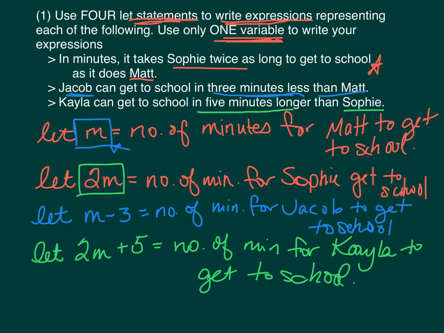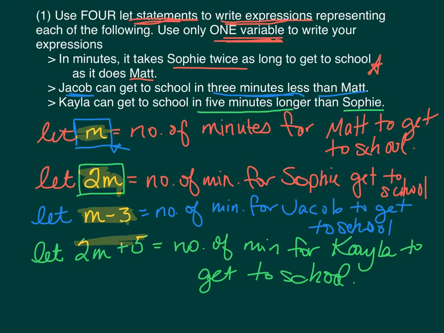Okay, so there are our let statements. Remember, the purpose of our let statements is to describe each of our expressions. And we wrote 4 let statements because we have 4 expressions.